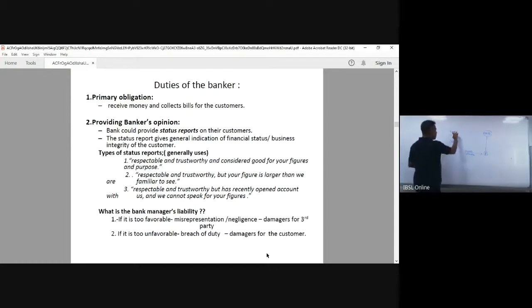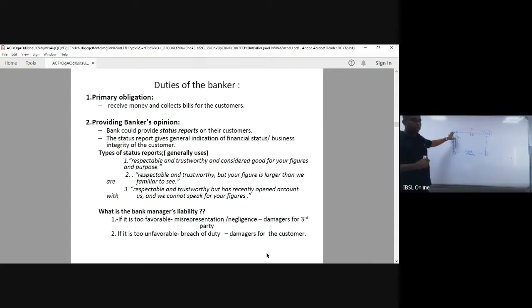When the request comes from the customer, NDB has the obligation to make this request to HNB. HNB then provides the banker's opinion to the other bank, and this bank then provides the opinion to the customer. So this is the way that banker's opinion works.